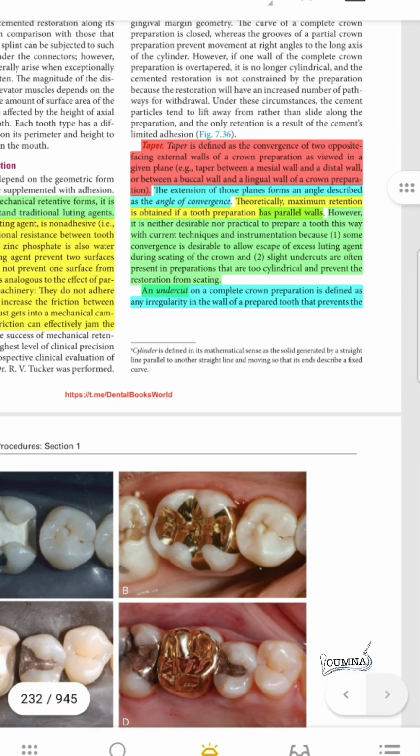A taper of the preparation must be made to an extent between 6 to 10 degrees during the preparation, and it is achieved when we prepare parallel and the burr itself has a taper, so it will make the sufficient taper that we want of the walls.